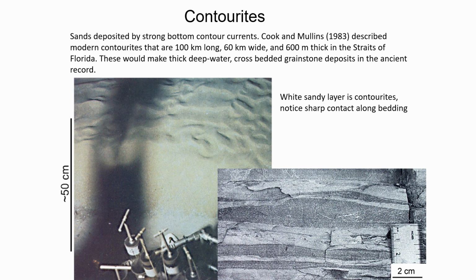The contourite deposition is on the largest dimensional scale, and the picture on the left is showing the bed forms of contourites, which are sand dunes. On the right, it shows a cross-section of a contourite deposit. Because it is formed by the fast oceanic current, the contourite has a very sharp contact along the bedding.